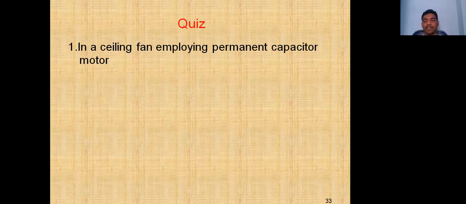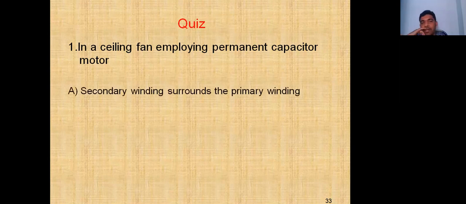Coming to the quiz. In a ceiling fan employing a permanent capacitor motor, option A: secondary winding surrounds the primary winding.